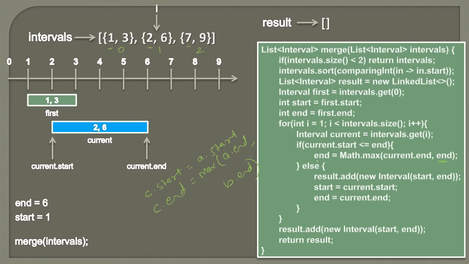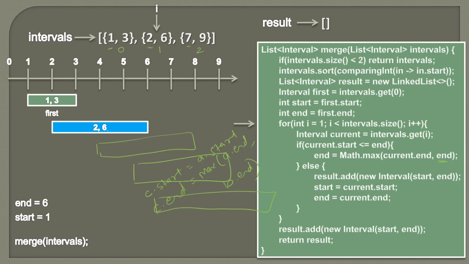Moving ahead. So here you can see one reason for keeping start and end in different variables is, as we have merged these two intervals, start became 1 and end became 6, and there could be a possibility that once we move ahead in the array, there could be other intervals like this.